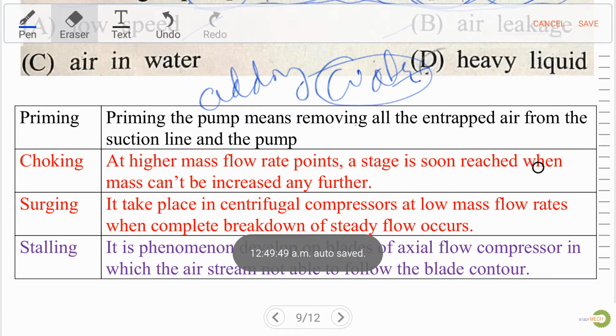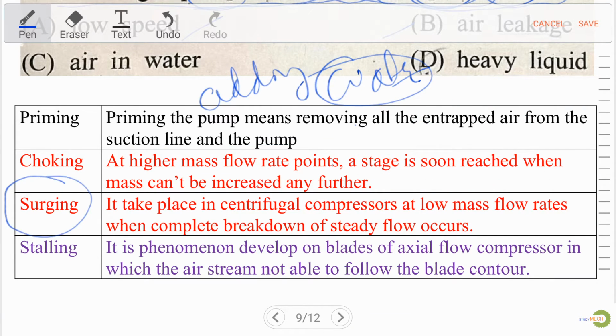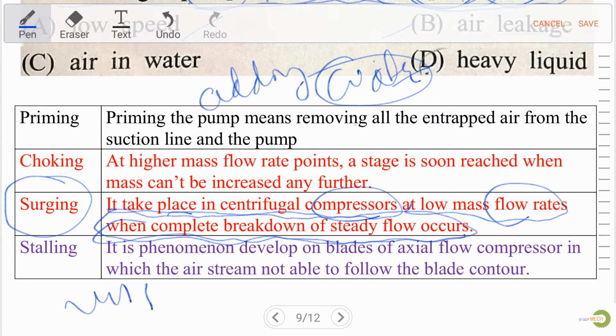Now let's discuss surging. The phenomenon of surging takes place in a centrifugal compressor at low mass flow rate when complete breakdown of steady flow occurs. We can also say about surging that it is an unsteady, reverse and periodic flow. I repeat this sentence so we have a clear idea.